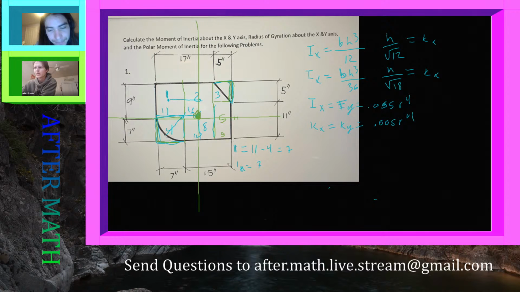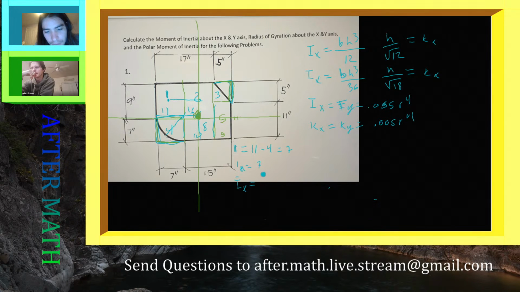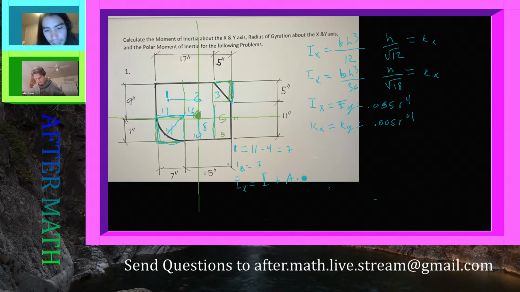And then from there we can use this equation, which is I of x is equal to our I plus the area times d squared, where d is our 7.